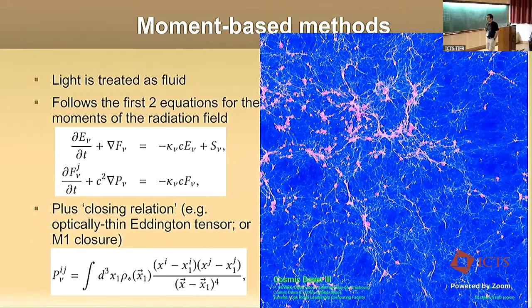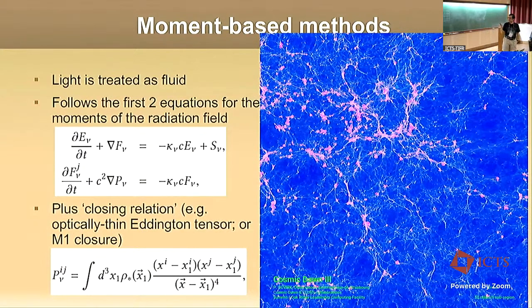Now, what are the advantages and disadvantages of doing that? Well, the advantages are that unlike the ray tracing, which depends on the number of sources, because you need to trace from each source to each cell, the more sources you have, the more tracing you need to do, which quickly becomes expensive.